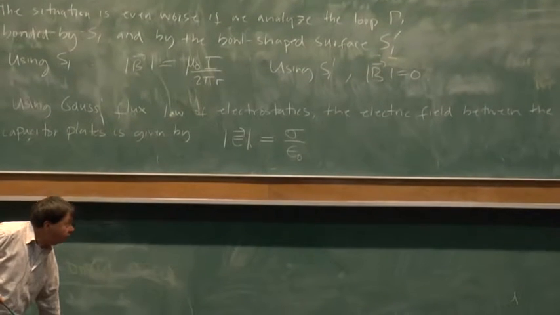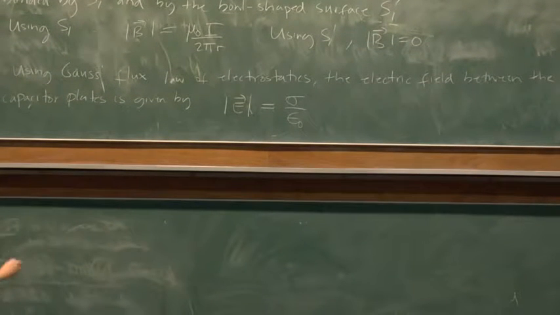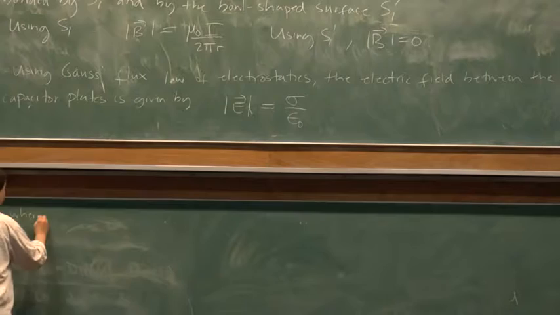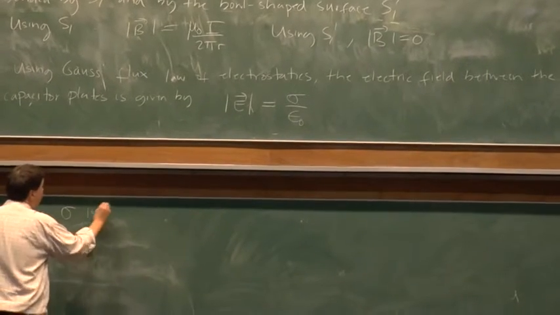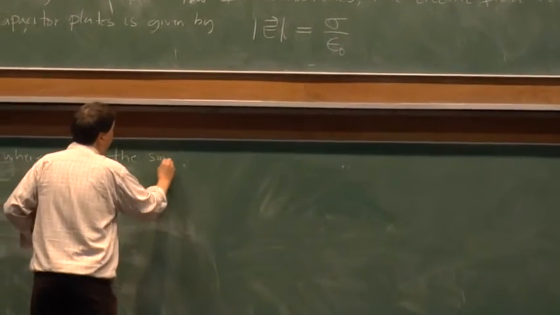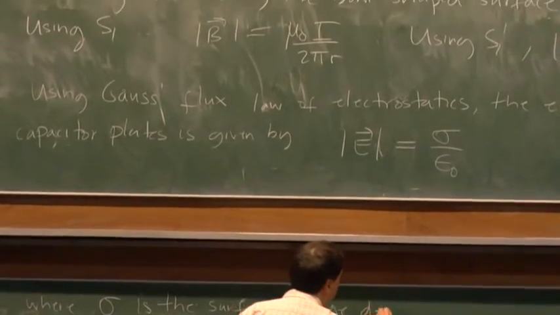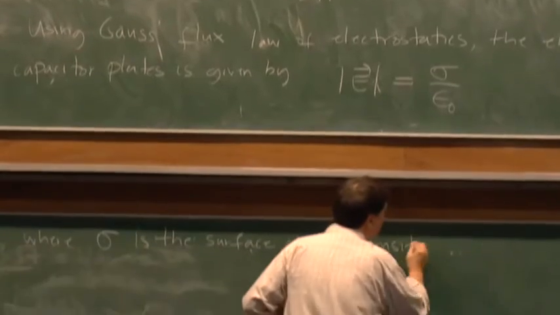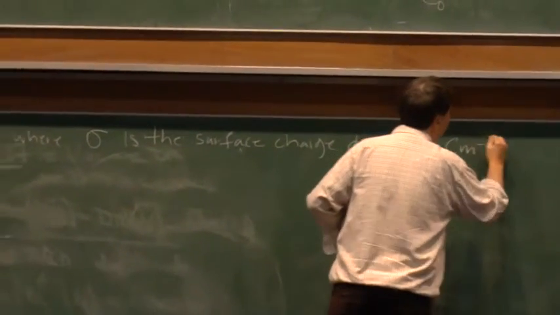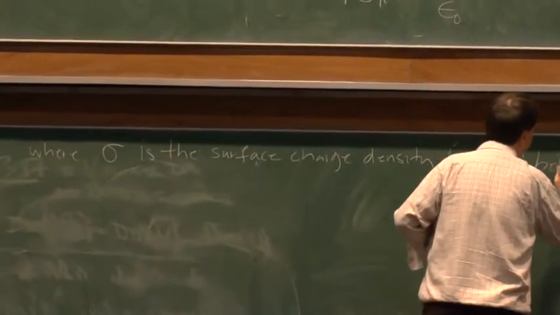It's a straightforward application of Gauss's flux law, where sigma is the surface charge density, in coulombs per square metre, between the plates.